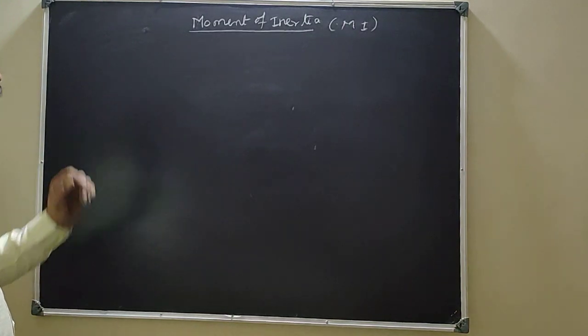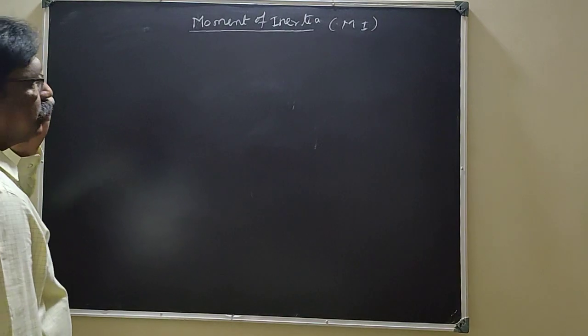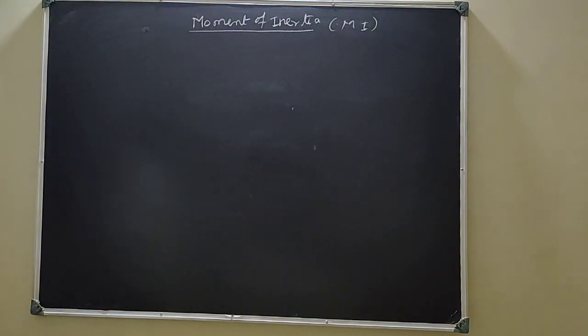While dealing with the center of gravity, we have seen that the area multiplied by a distance about any reference axis is called the moment of an area.